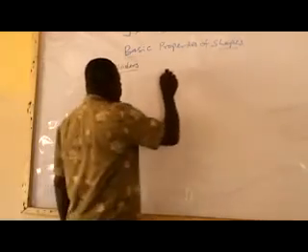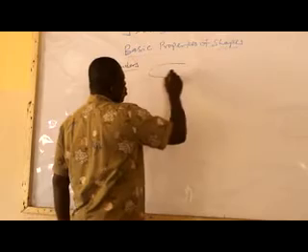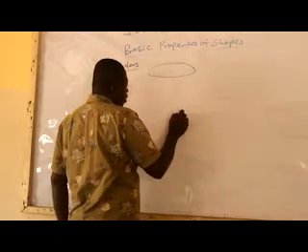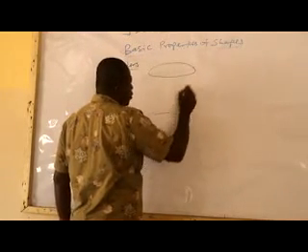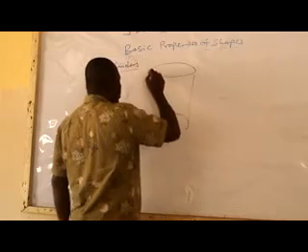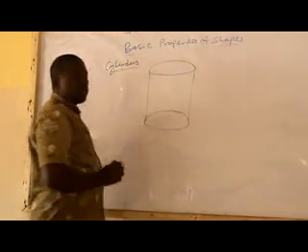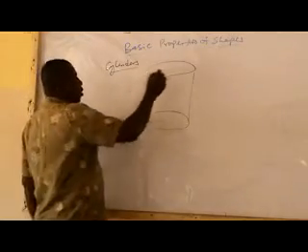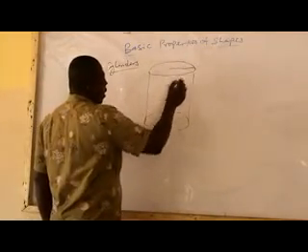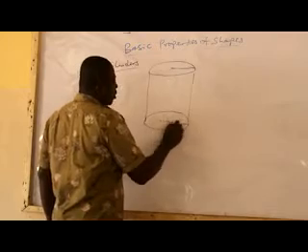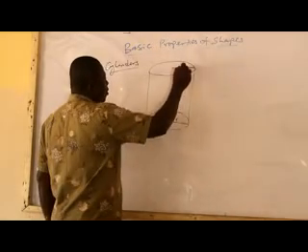So, just like we told you before, the cylinder has two circular faces joined by a curved surface like this. It has a center, this is r, this is r.